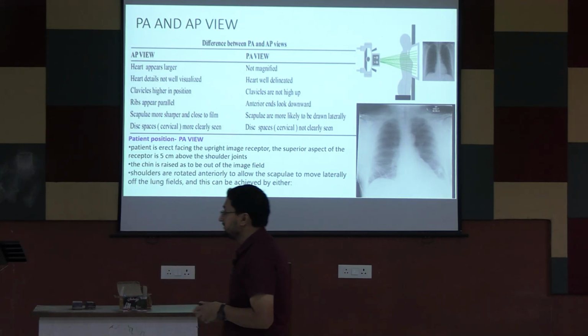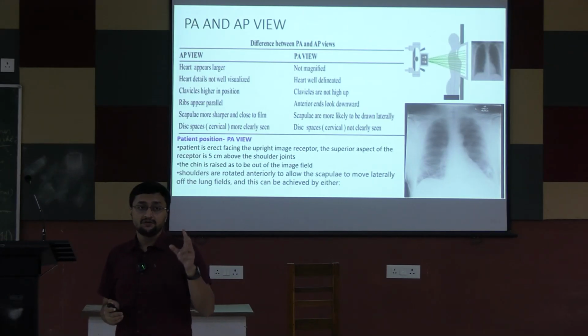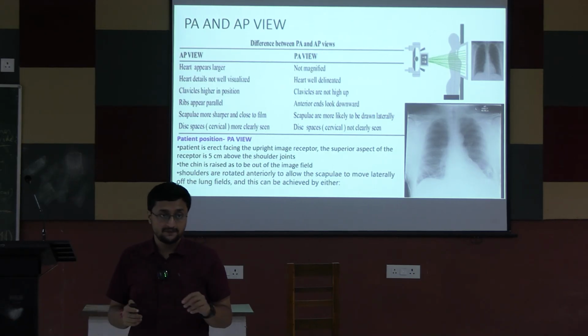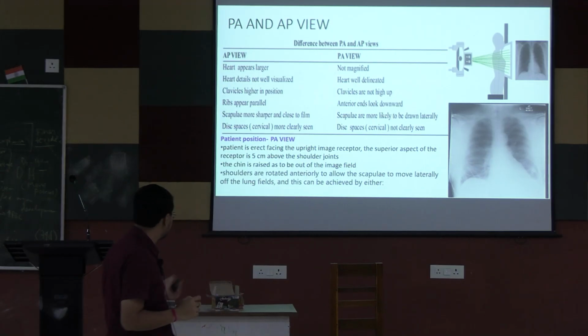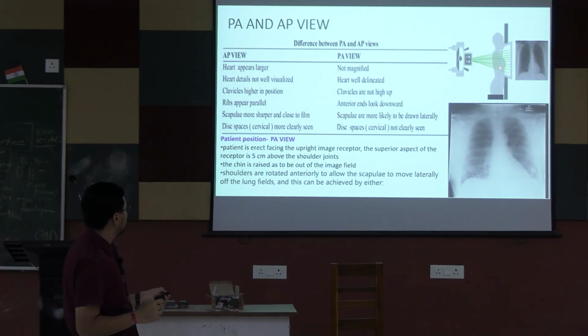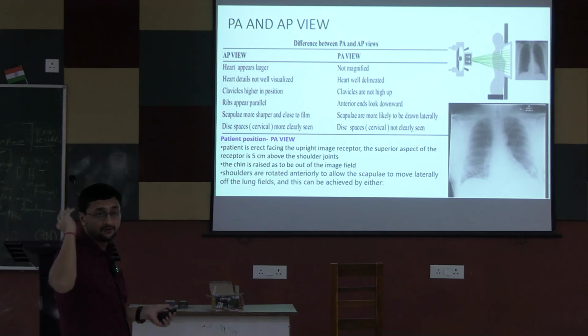And the third point is the clavicle. The position of the clavicle is very important, whether it is in case of PA view or in case of AP view. And the scapula, right? So in case of PA view, the correct position is this one. The patient is facing forward and the chin is raised, and the superior aspect of the receptor is 5 centimeters above the shoulder joint.